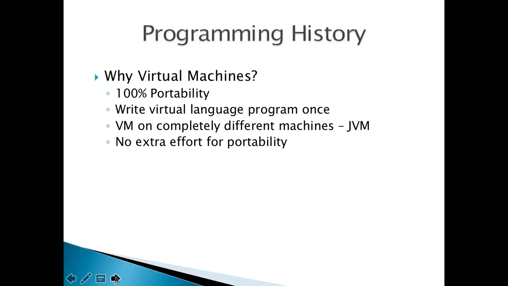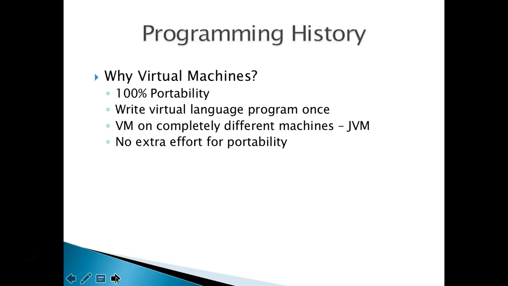So the good thing is 100% portability. I write an application, I write my code, and it is going to work everywhere. It's going to work everywhere where there's a virtual machine made for it. So I have to have a virtual machine that has been made for the specific operating system. If that exists, then life is good.